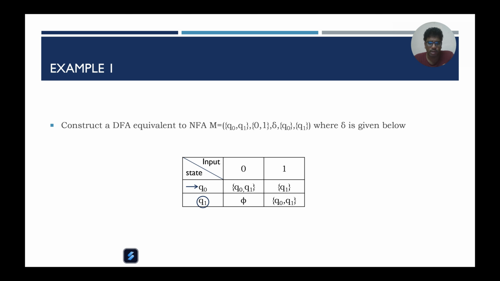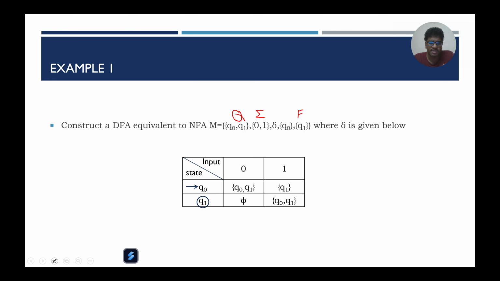The two states are q0 and q1, in Q, which is the capital Q. This is the sigma input symbol or alphabet. This is the transition, this is the initial state and this is the final state. According to the transition table, q0 has an arrow mark that indicates it is the initial state, and the circle in the table indicates the final state.